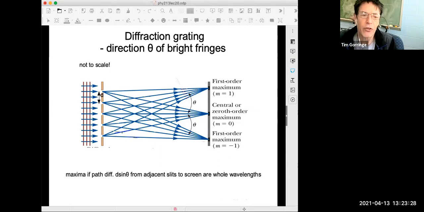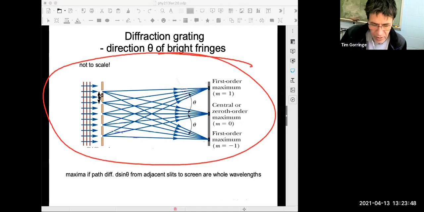I'm just going to give you an idea about how it works and why you get mostly destructive interference and then occasional specks or spots of constructive interference. This diagram explains how that happens.